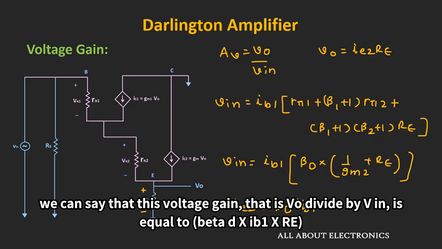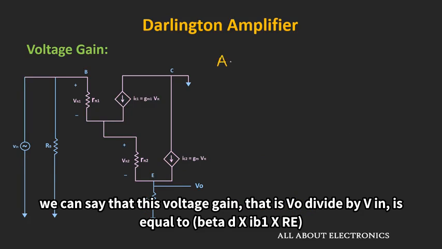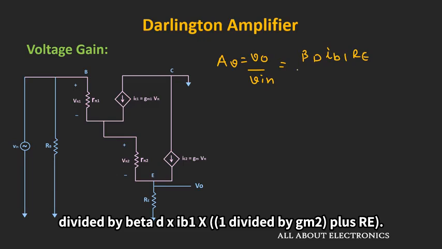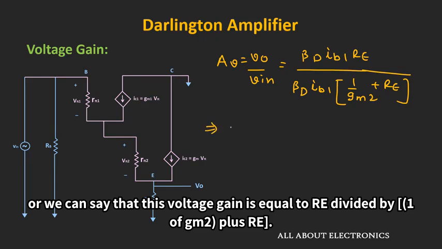So from this we can say that this voltage gain, that is Vout divided by Vin, is equal to beta D times IB1 times RE divided by beta D times IB1 times 1 divided by GM2 plus RE. Or we can say that this voltage gain is equal to RE divided by 1 over GM2 plus RE.